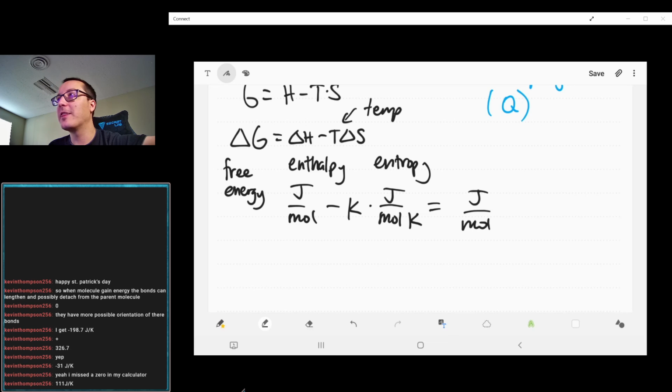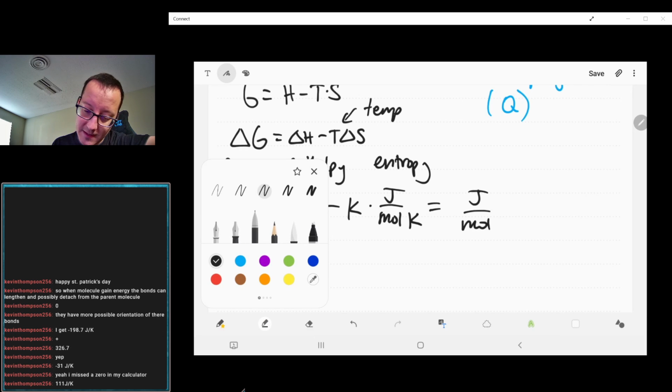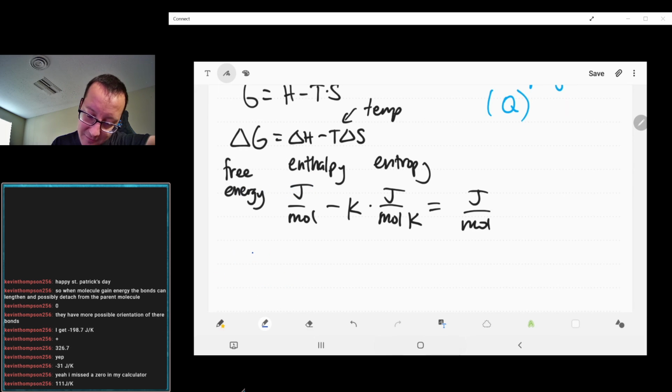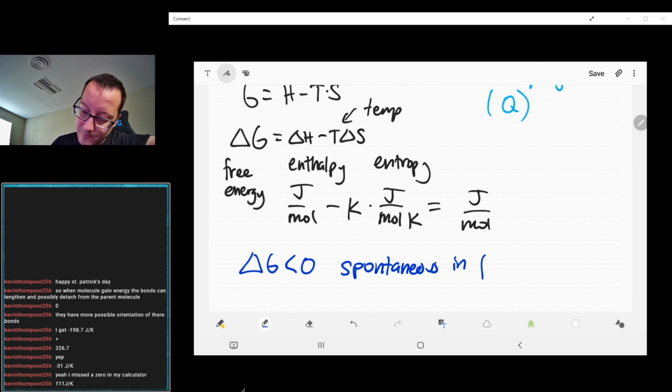So with that in mind, we can use these sorts of things. We see that for any spontaneous process, if delta G is less than 0, a reaction will be spontaneous in the forward direction.